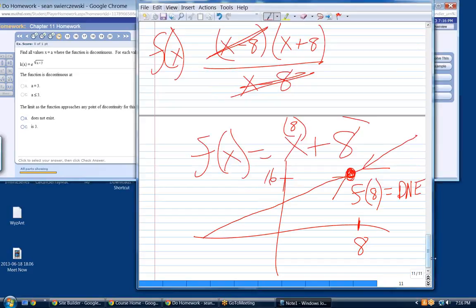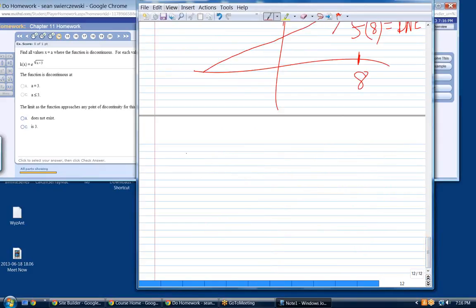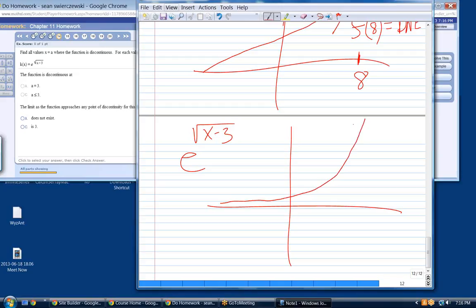However, if we try graphing this function, e to the square root of x minus 3, it looks much like e to the x, only we're limited. It's going to be translated over. We could kind of model it like this. Something like that.